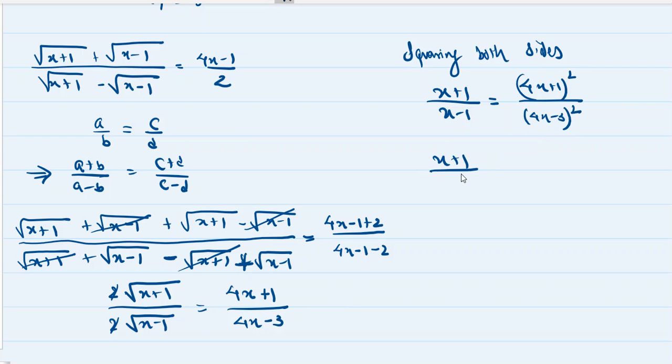So x plus 1 upon x minus 1 gives you 16x square plus 8x plus 1 upon 16x square, 4 3s are 12, 2 times 12 is 24, so minus 24x plus 9.